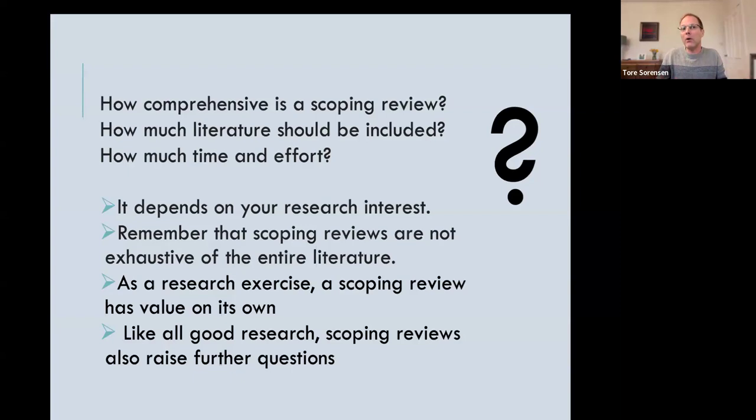I'm not able to say how it really is in health and medical research, but I would certainly say when it comes to our field of education, a scoping review has a value on its own, and it can help you to ask more precise, sharper, more critical questions. And like all good research, yes, it raises further questions. And that is part of the point of scoping reviews.